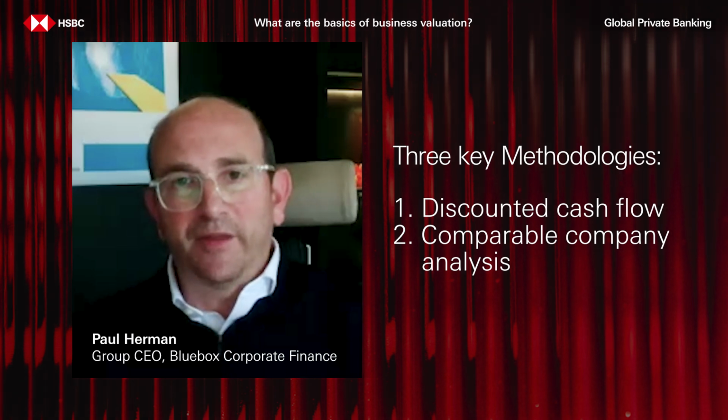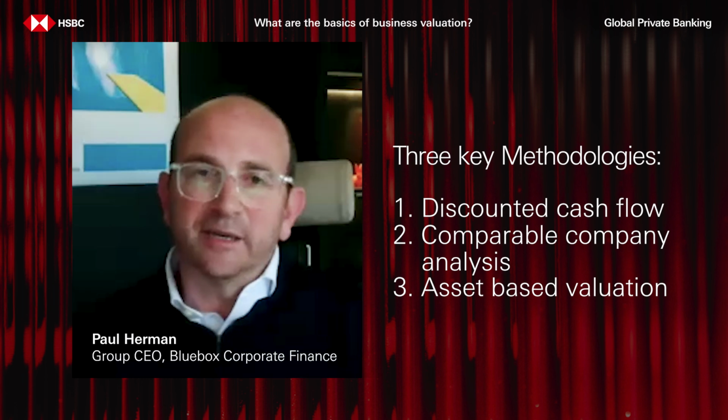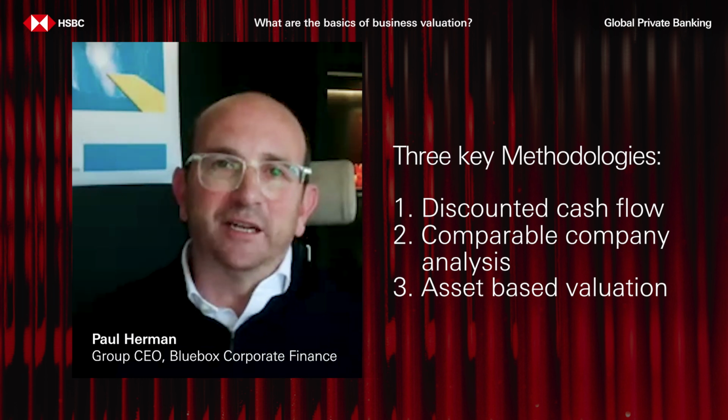And the third methodology is called an asset-based valuation, where crudely, and in some cases quite depressingly, you look at your balance sheet and look at that as the valuation of your business. That often generates a great valuation for those with a very strong asset backing, but for businesses with lots of growth, it's not always the most appropriate route to take.